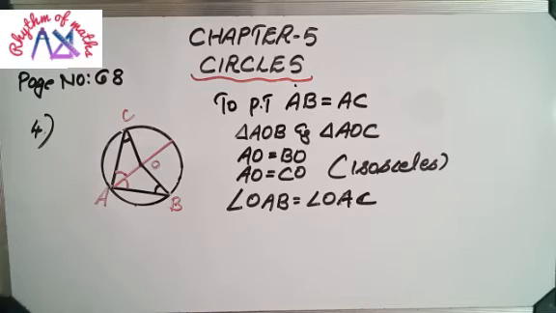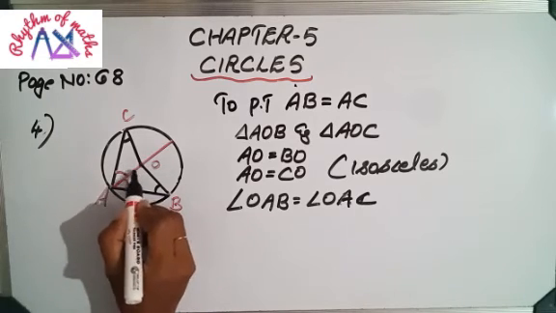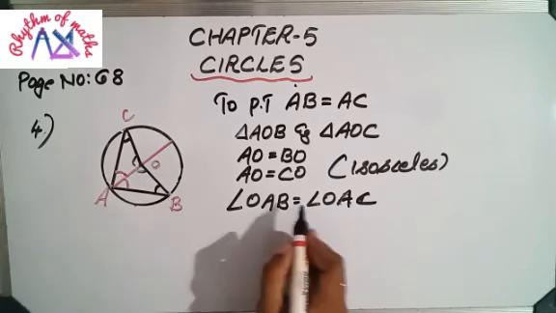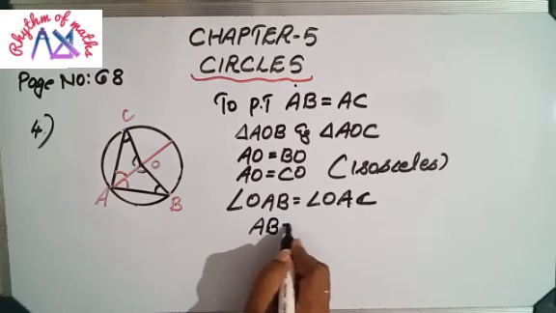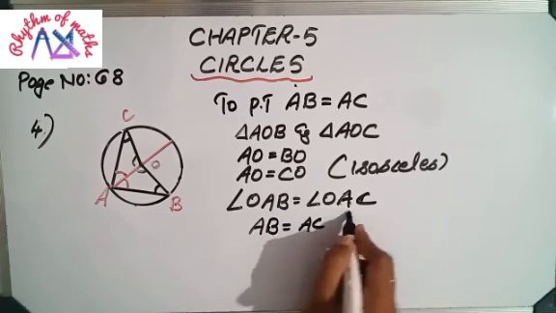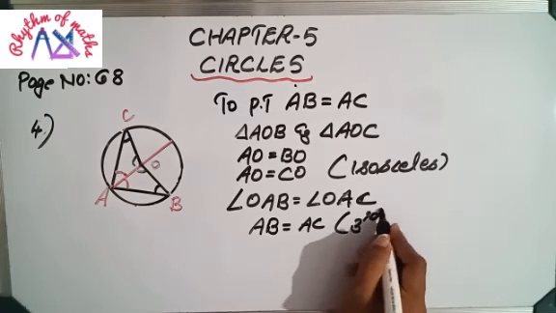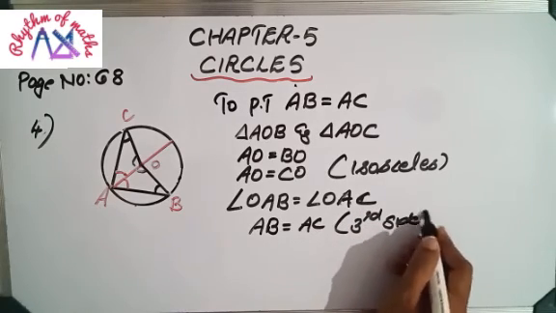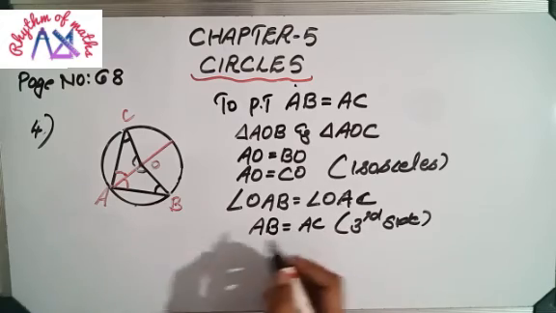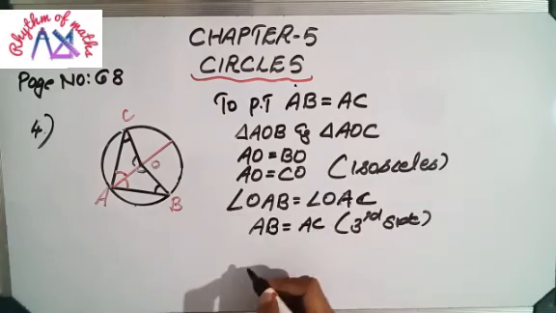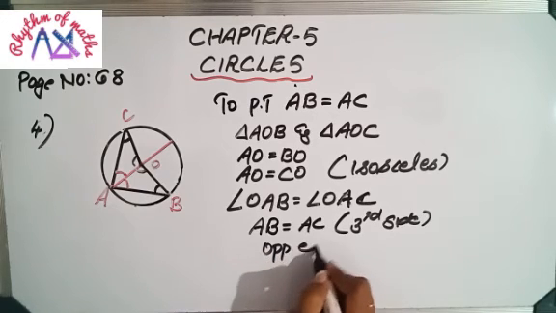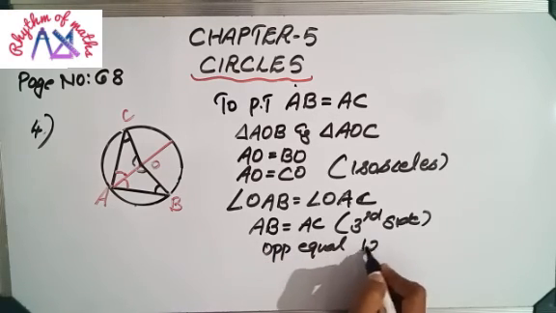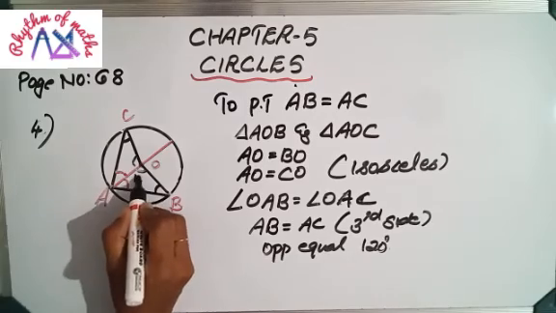So the third side will also be equal, because these two angles we already got as 120 degrees. That means we can say AB equals AC, the third side. Either you can write third side of the isosceles triangle, or the side opposite to equal angles.